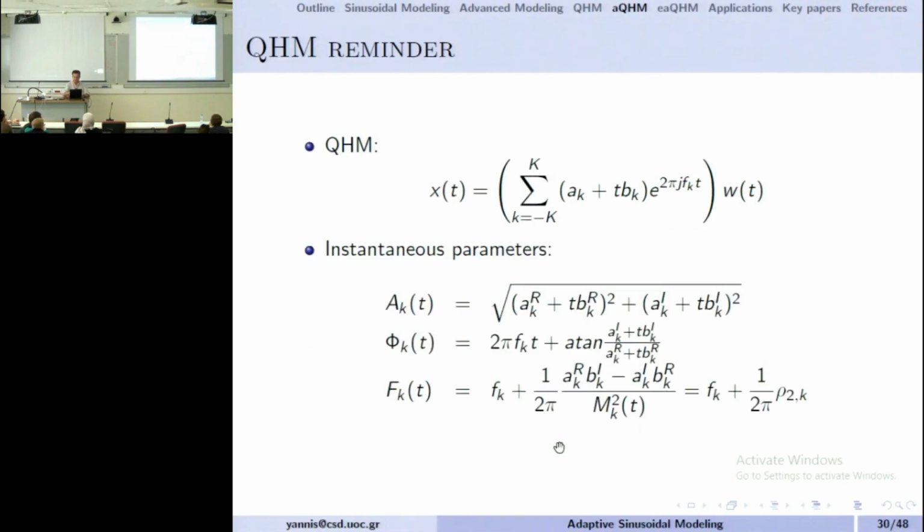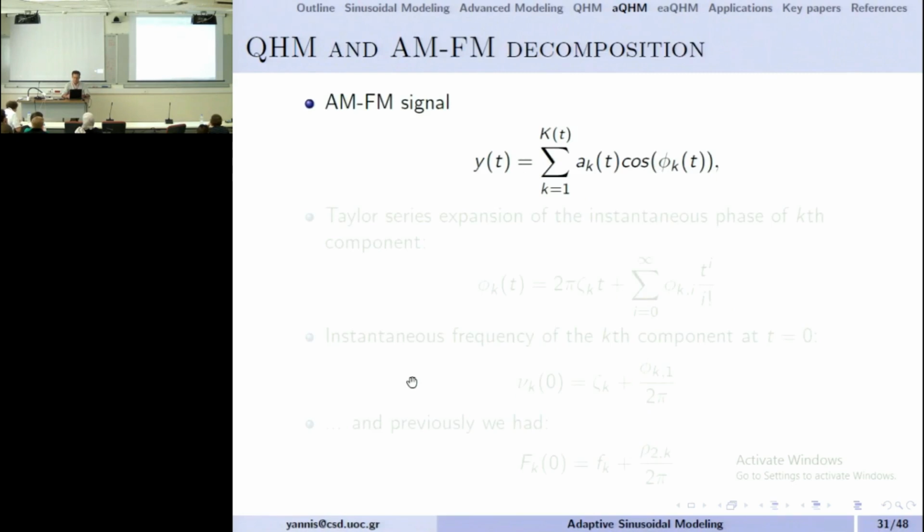So then, as I said, we go to instantaneous parameters, AM, FM components, and this here shows analytically how we estimate the instantaneous amplitude, the instantaneous phase, which obviously is a function of this instantaneous frequency. So, in short, we say that we can do an AM-FM model.